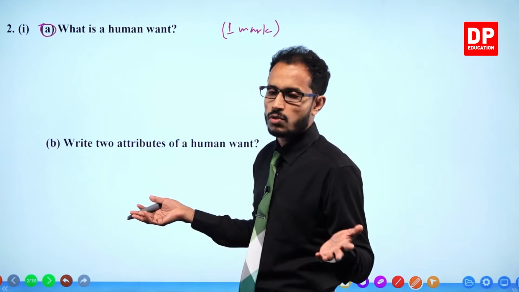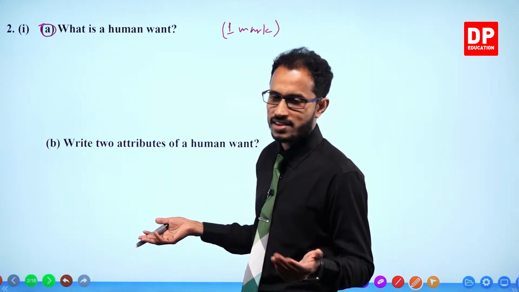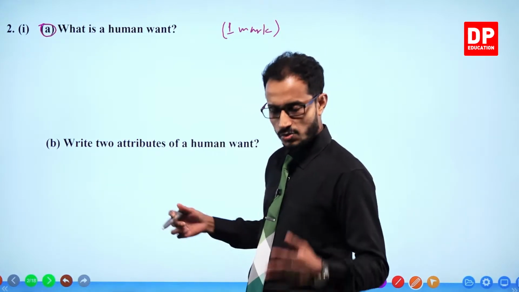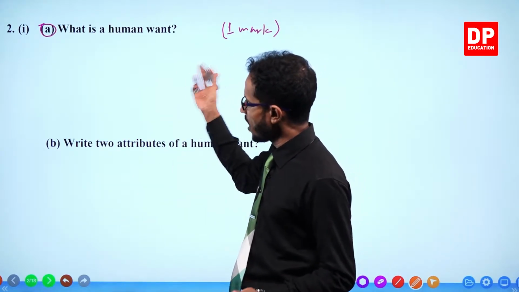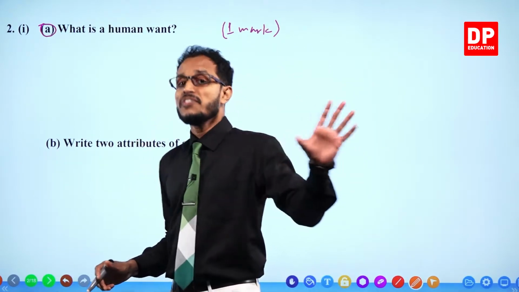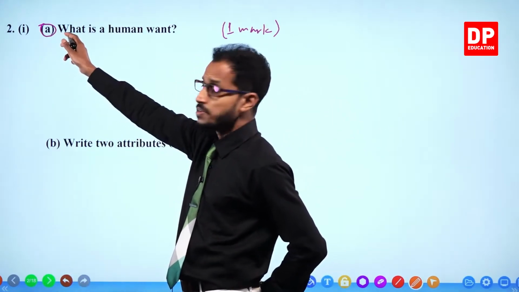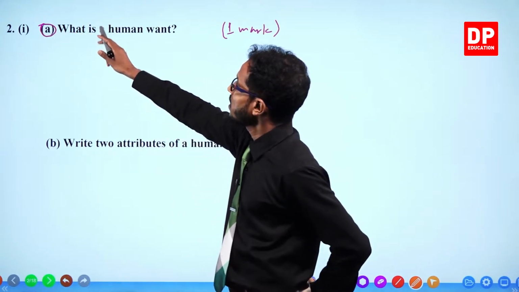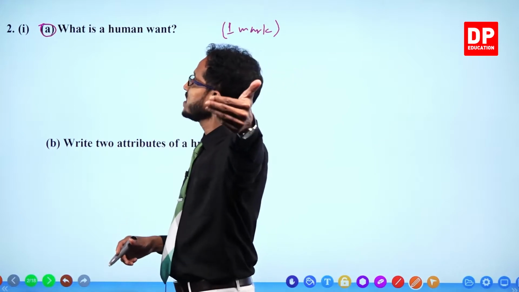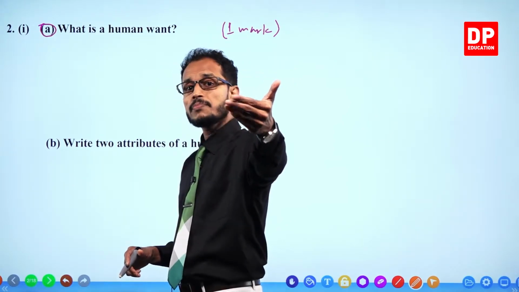After all, that is what is important, right? You're going to earn the marks. So for 1 mark, you write a brief description, a definition. Tell me, what is a human want?